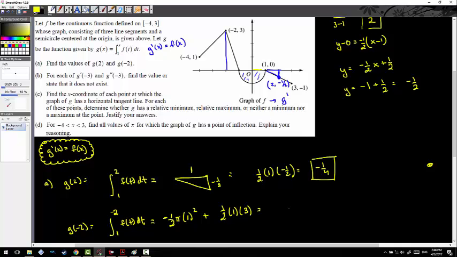And so what I have is negative pi over 2 plus 3 halves. But I've got to remember that since I was moving backwards, that whole area is reversed. So you could call this negative 3 plus pi over 2, or you could have left it like that and you would have been fine.